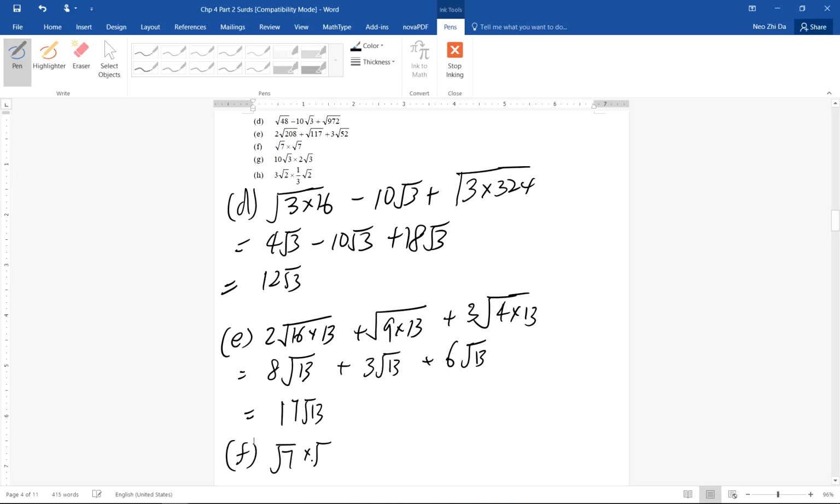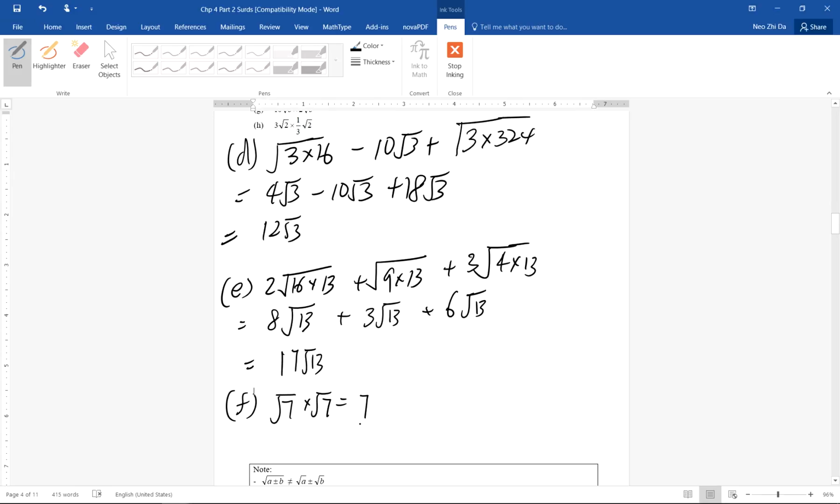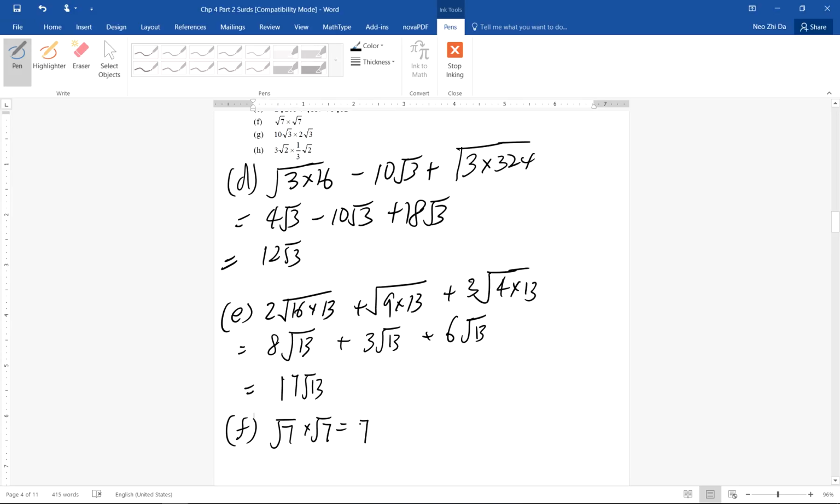Square root 7 times square root 7, answer is just 7. G, 10 square root 3 times 2 square root 3. 10 times 2, 20.